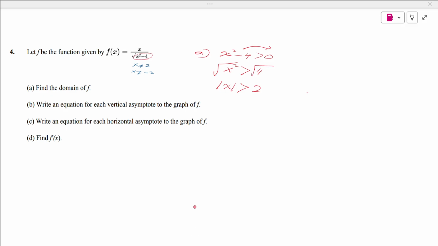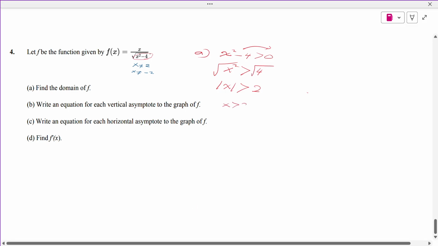It means that x is bigger than 2, or x is smaller than negative 2. So you can write your answer like this, or you can write it as the absolute value of x should be bigger than 2.